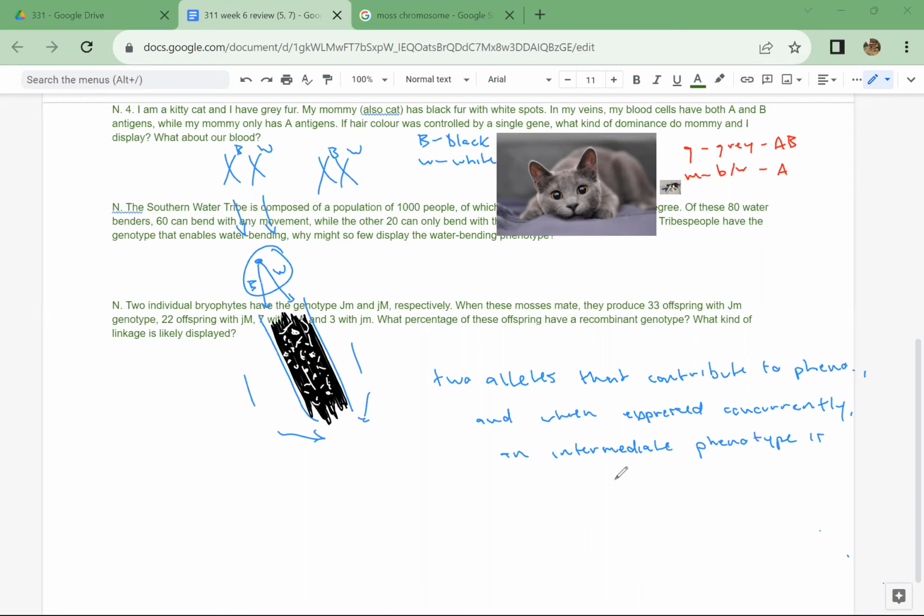Actually, let's reword this. So two alleles that contribute to the genotype, actually, no, that is technically phenotype. But that definition is less clear. Also, I will upload not only this video, but underneath the video, you will see attached, or maybe even above the video, two Word documents.